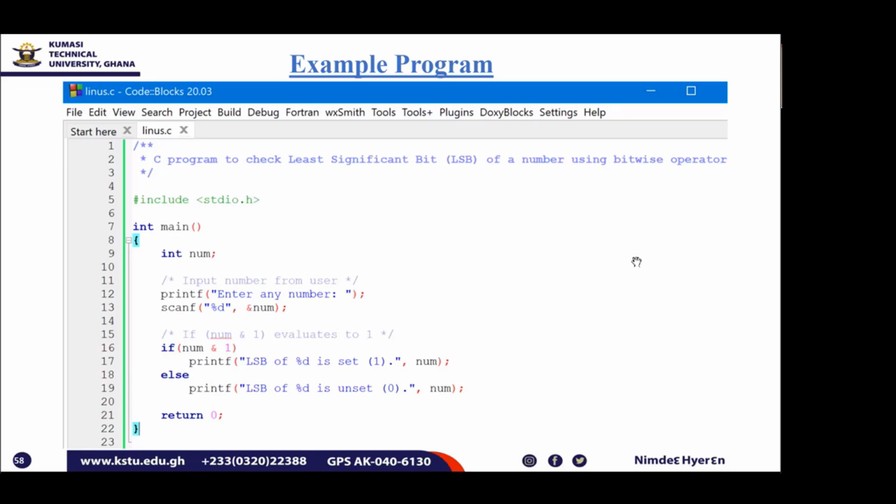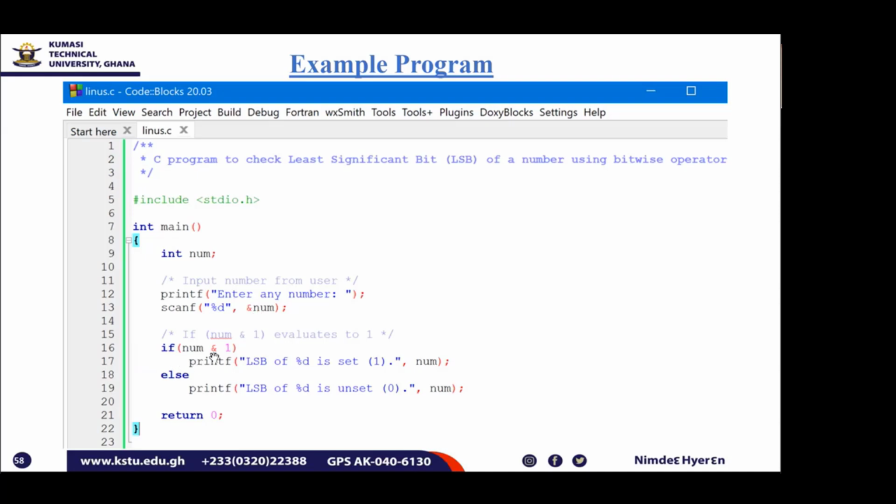So with this code here, int num, printf, enter any number, scanf, then that ampersand symbol you see here is just basically trying to create a memory location or an address location for num to be stored.